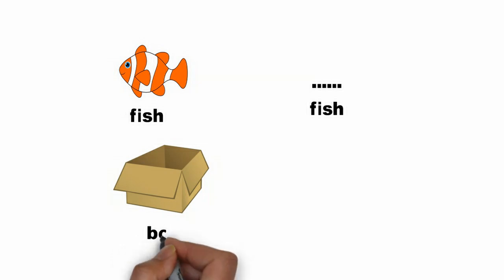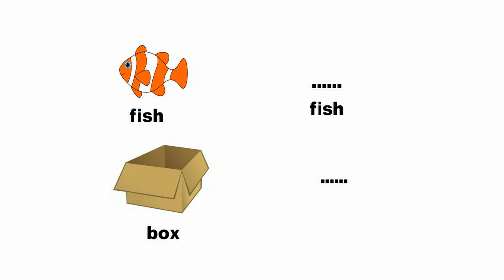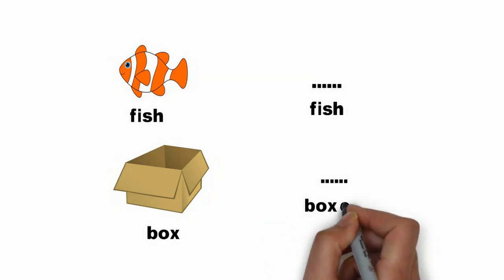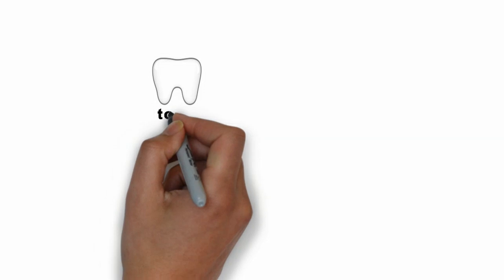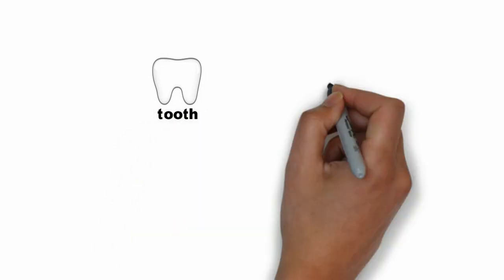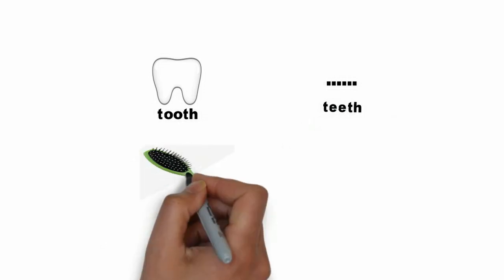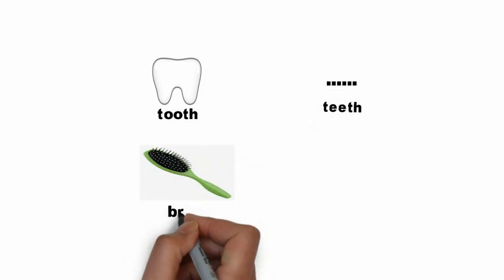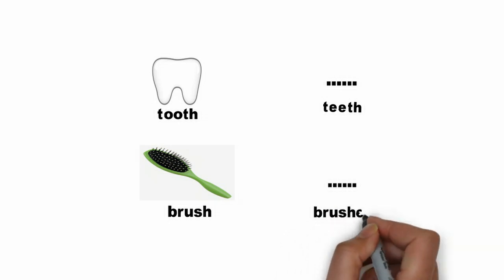Box, what is the plural noun of it? Yes, we add es, boxes. Tooth, what is the plural of tooth? Yeah, teeth. Brush, what is the plural noun of brush? Well done, brushes, you add es.